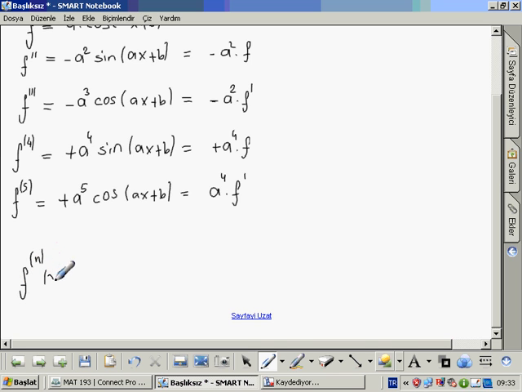The nth derivative of sine x is equal to, look at this part, what can we say? We can say minus 1 to the power of k.